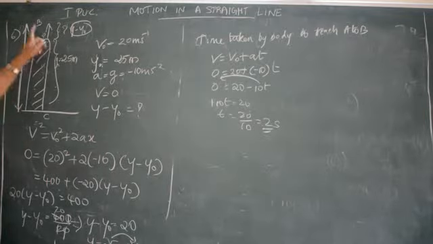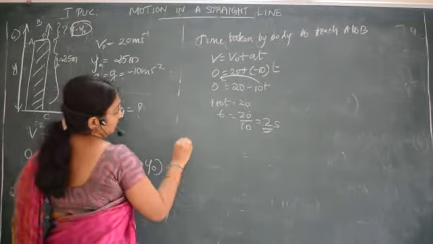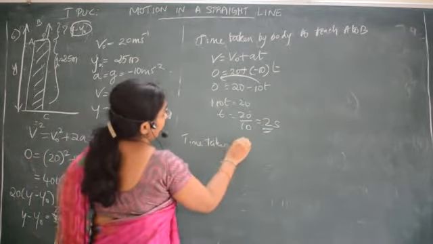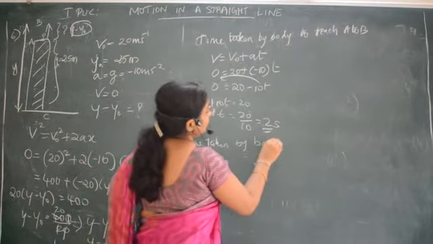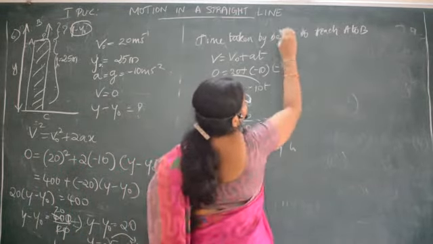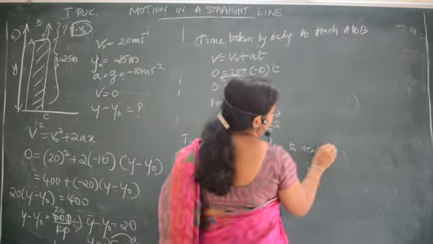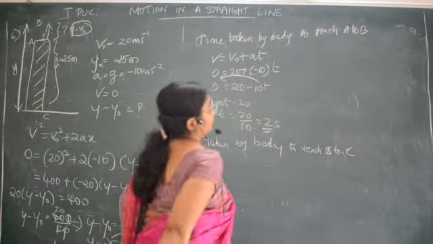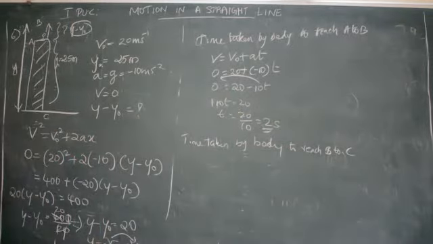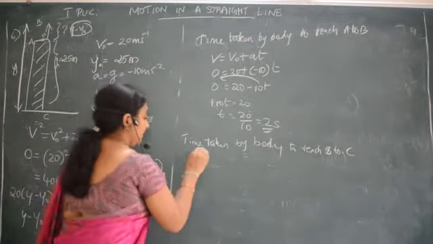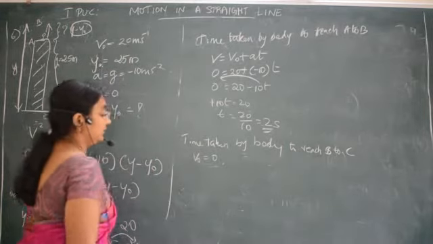Then from B to C, top to the bottom, how do we calculate the time taken by the body to reach from B to C? At B it stopped and then it moves down. The initial velocity is 0.